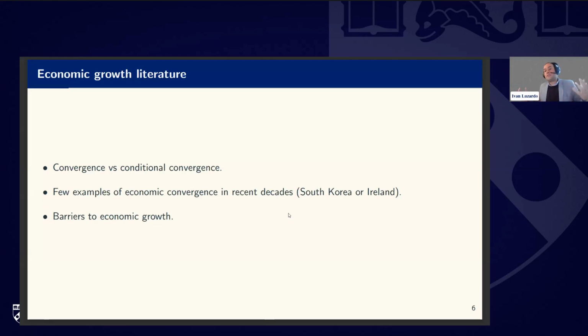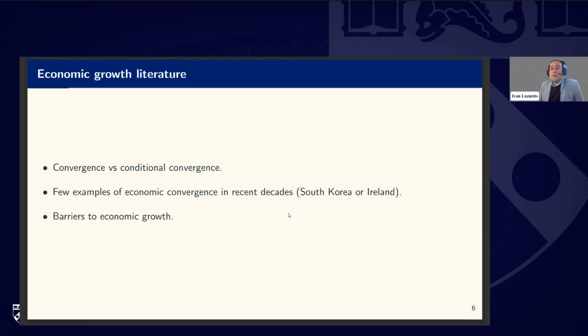So we have all the discussion about convergence and conditional convergence. Also, we have a few examples of convergence in the most recent period, like South Korea and Ireland, but it's not a trend that we can identify for most countries, at least in the 20th century.